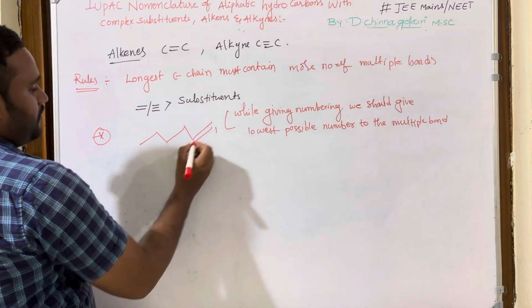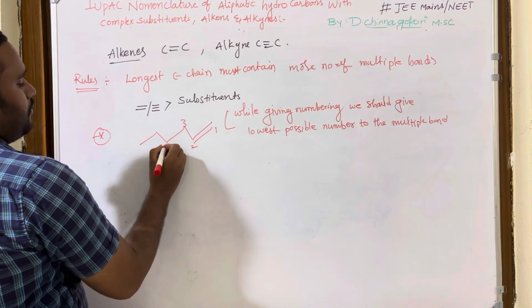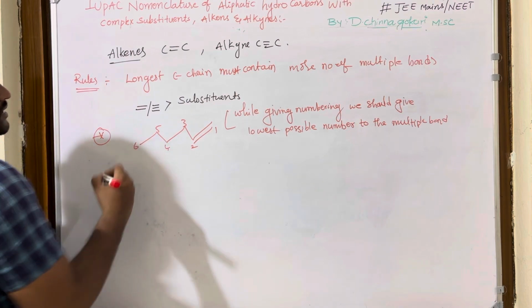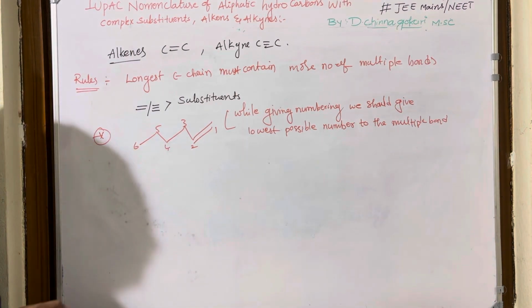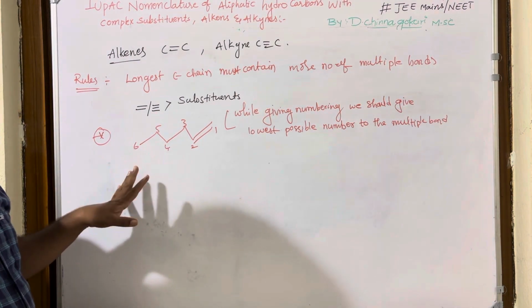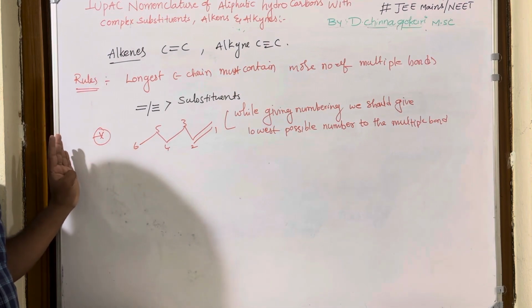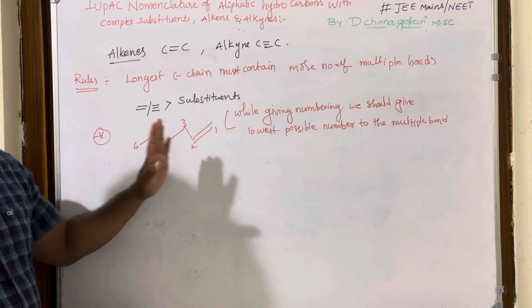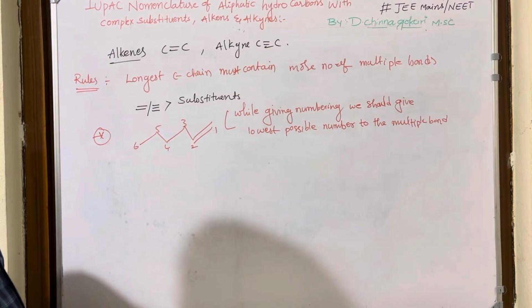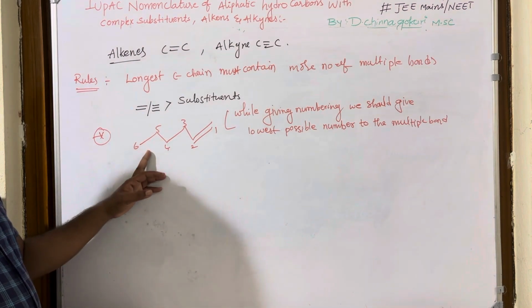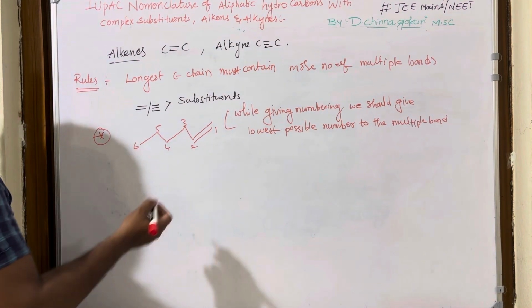So here we can number 1 2 3 4 5 6. There are no substituents, so no worry about the secondary suffix, and it is an open chain, so no worry about the primary prefix. What is the root word?